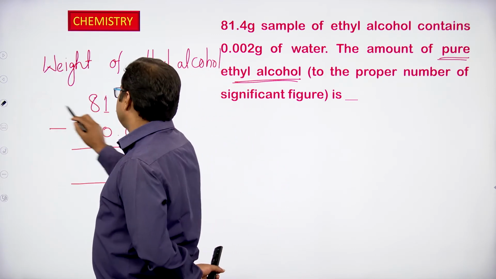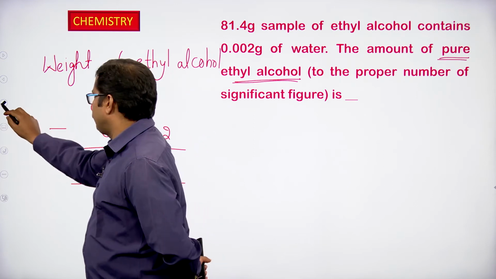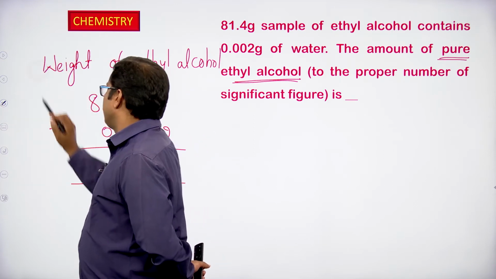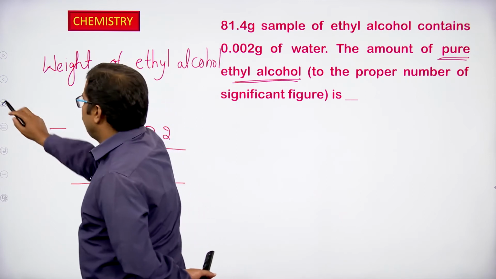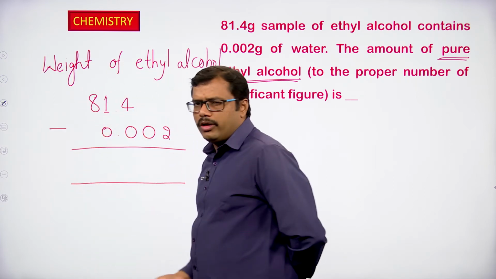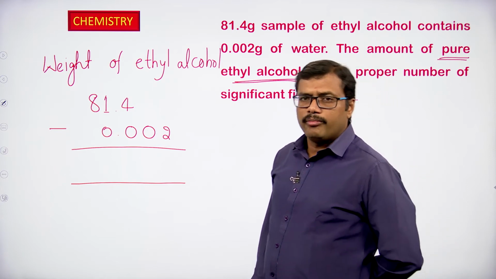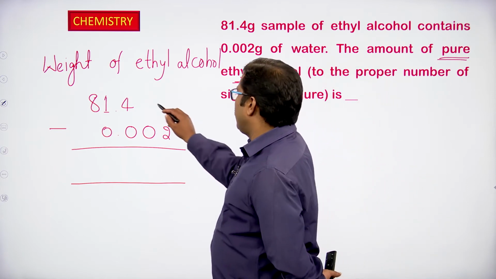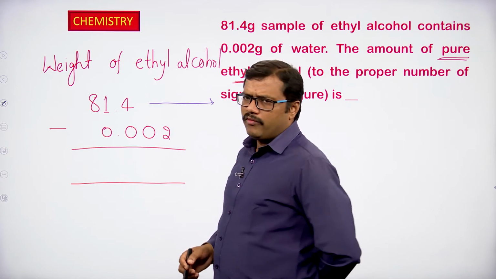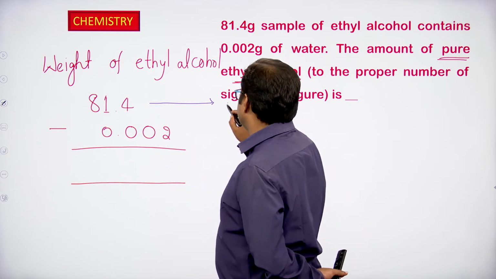Otherwise, I will keep it as it is, so that we have to identify the number of digits available after the decimal point, since here the operation that is going on is subtraction. So, in case of addition and subtraction, we have to look at the number of digits which are present after the decimal point. The number of digits present after the decimal point in this case is 1.